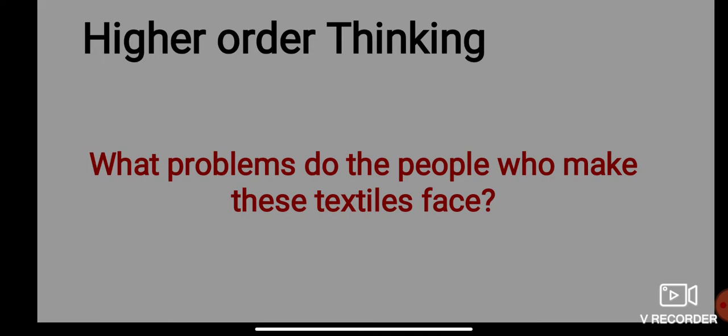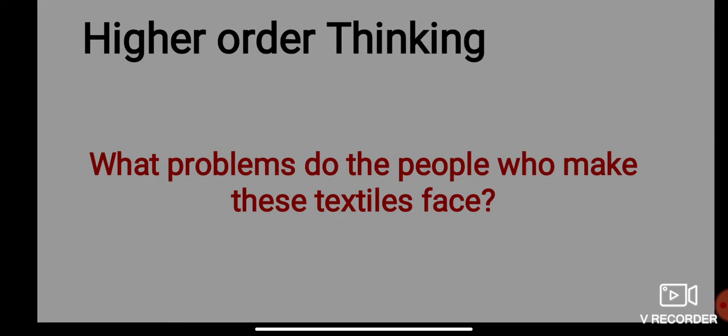So see, the problem here is it takes many days to make this design on cloth. It takes lots of days. You can even ask your parents who used to weave shawl, mekla, you can ask them. Since most of those who make them live in villages or remote places, they are dependent on others to sell their products.